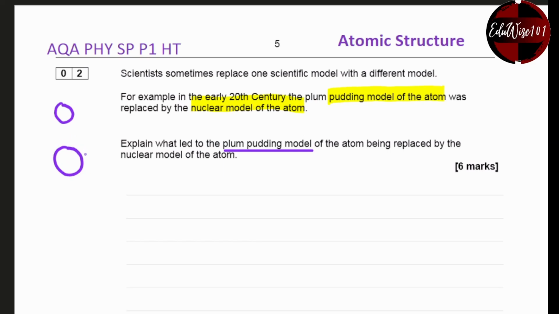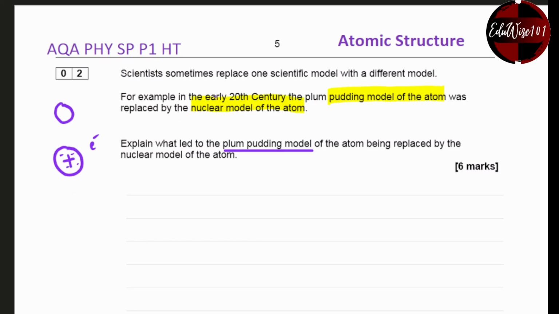They were able to get the electrons out of the atom, and they realized that the electrons had negative charges, which led to the plum pudding model, in which the atom overall is a positive charge, and in there you've got the electrons dotted around.